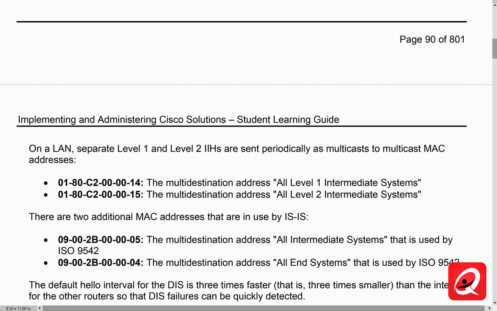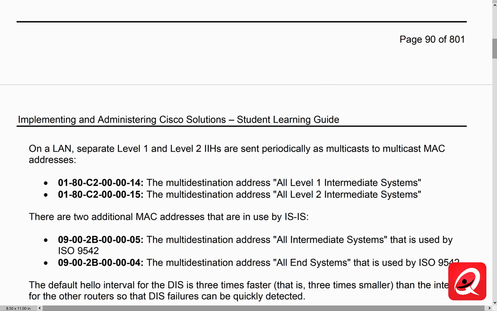If a neighbor doesn't send out hellos or we don't receive hellos within the hold time, 3 times the timer, the default hold timer is 30 seconds, then the neighbor will be deleted and we'll proceed accordingly based on that.